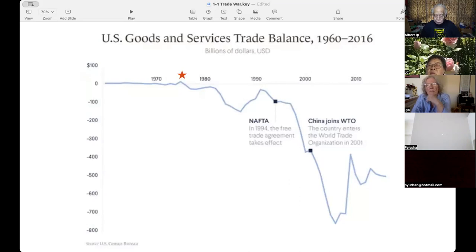So what we need to understand is what happened in the middle of the 1970s, which produced this change in the goods and services trade balance of the United States.